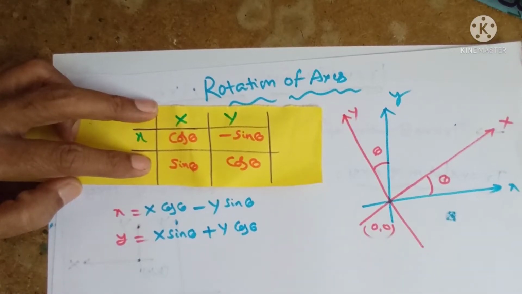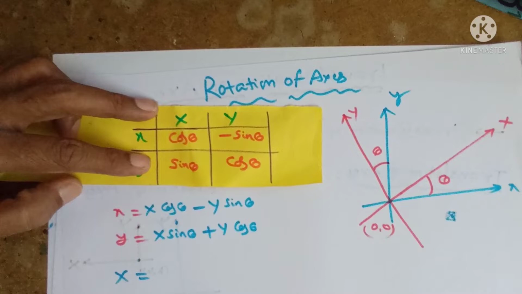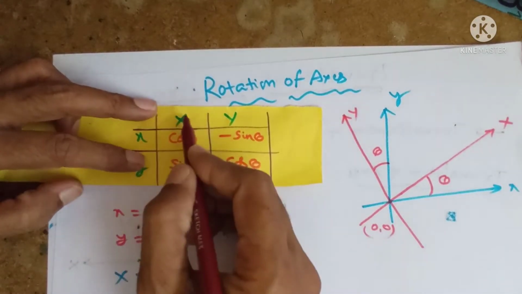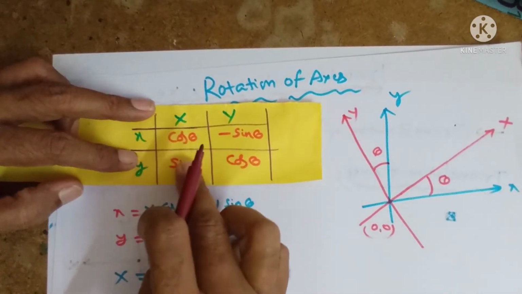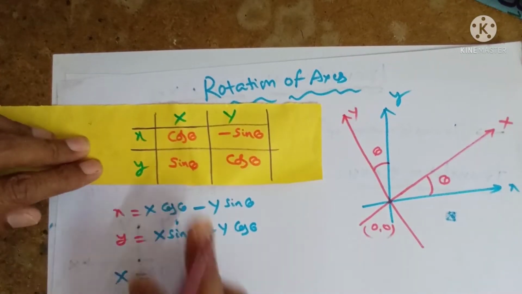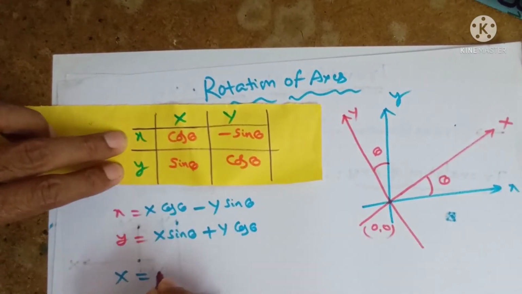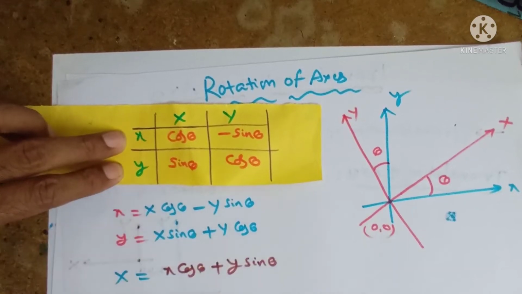Okay, next one. Capital X is equal to cos, sine. There are cos and sine functions opposite of capital X, and these two are multiplying with x and y: x into cos plus y into sine.